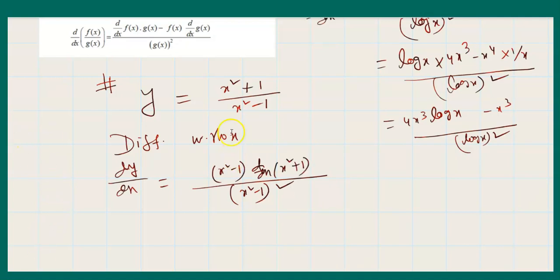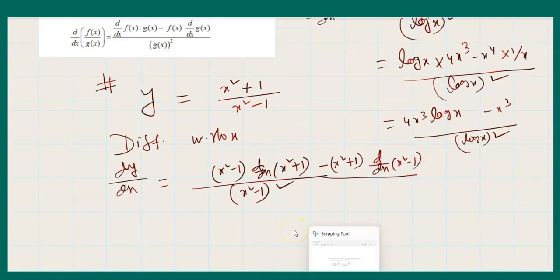Because it is denominator into derivative of numerator minus numerator into derivative of denominator. I remind you, this is the thing, f(x) by g(x). So you are differentiating f(x) first, this multiplied by g(x), minus f(x) into derivative of g(x). So there will be x square minus 1.